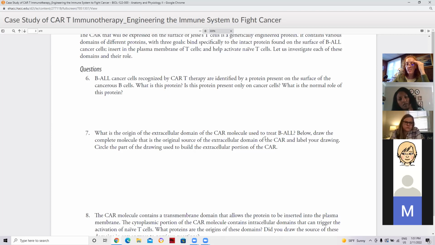Once the cells get activated and they start to proliferate and become either plasma cells or memory cells, this protein is downregulated. So its normal role is to be a cell marker, like a cell identification tag, to say this cell is a naive B cell that has never been exposed to the antigen it was made for yet.